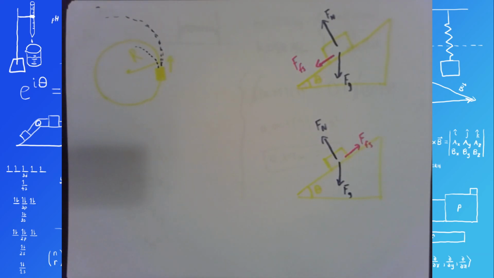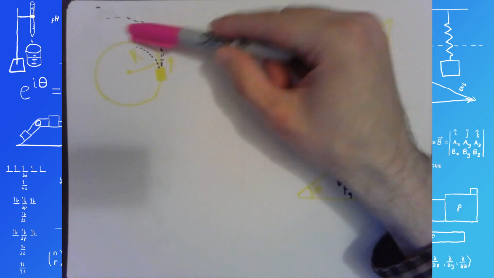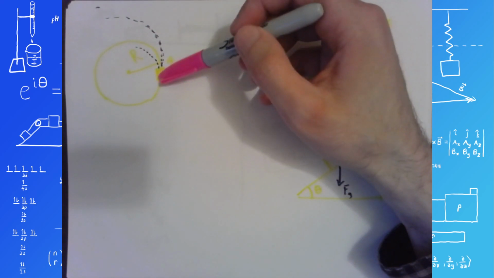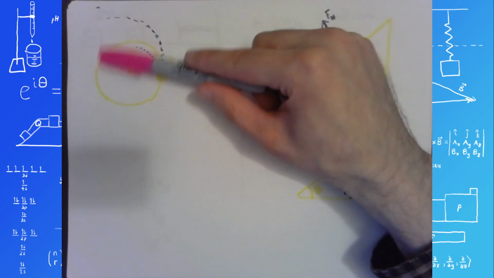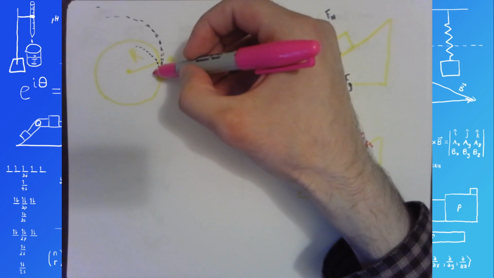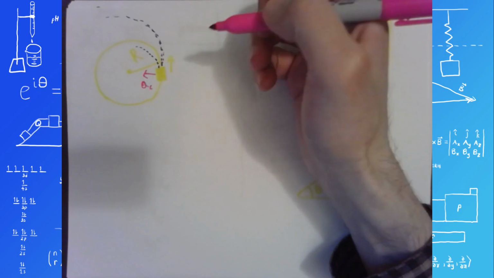In order for this car to smoothly go, smoothly probably isn't a very well-defined term, in order for this car to uniformly turn around this curve, it requires some sort of centripetal acceleration towards the center of this circular path. So the centripetal acceleration, at least at the moment when the car is right here, would have to be this way.